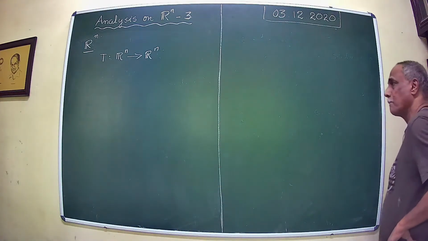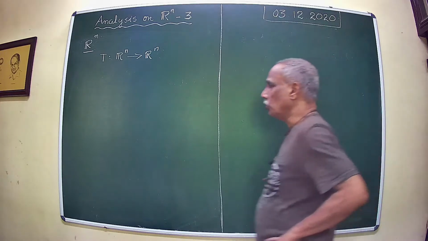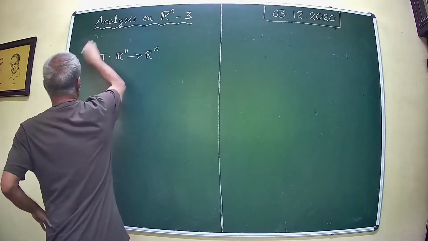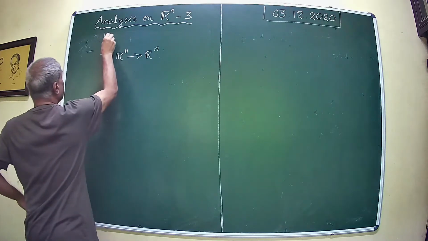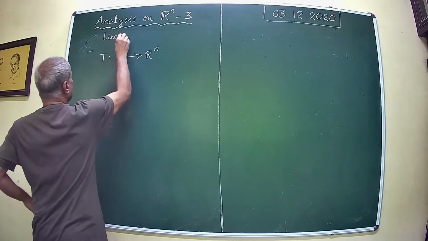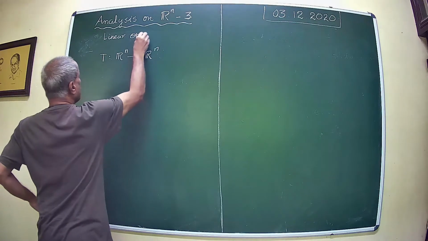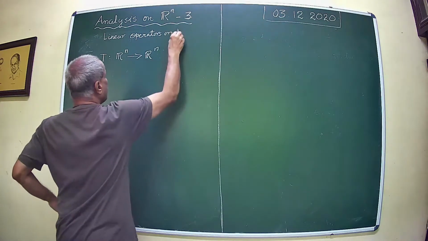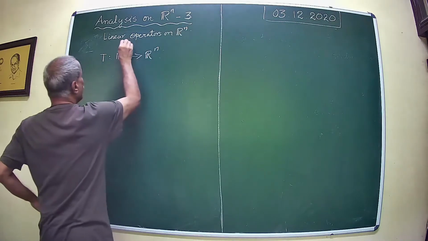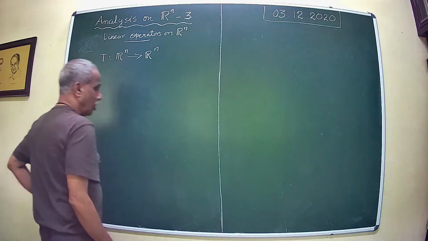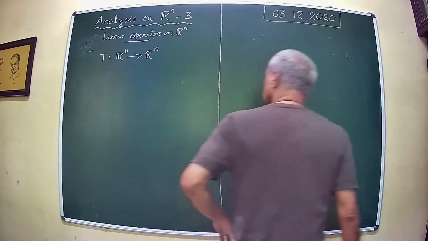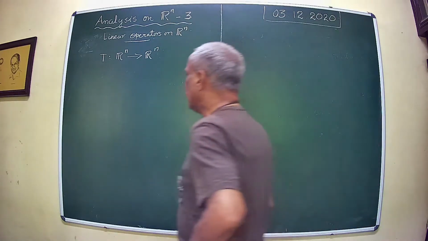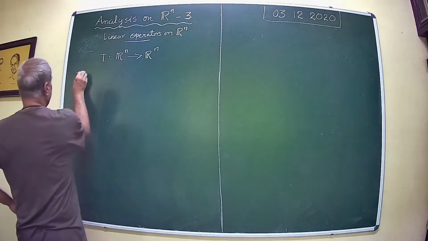Now what we are going to work on is linear transformations, which means operators, mappings from Rn to Rn. So T is called a linear operator.